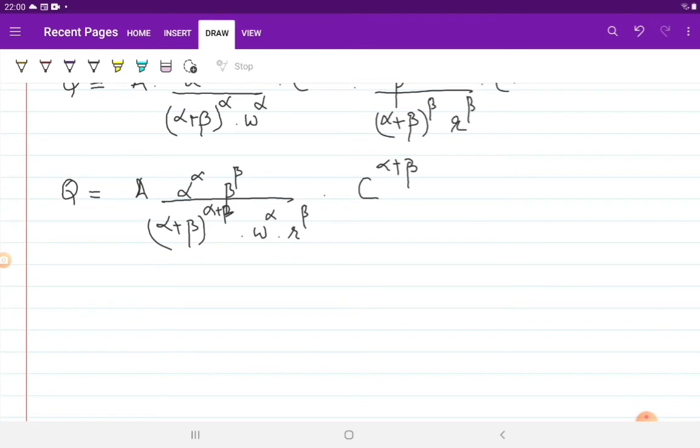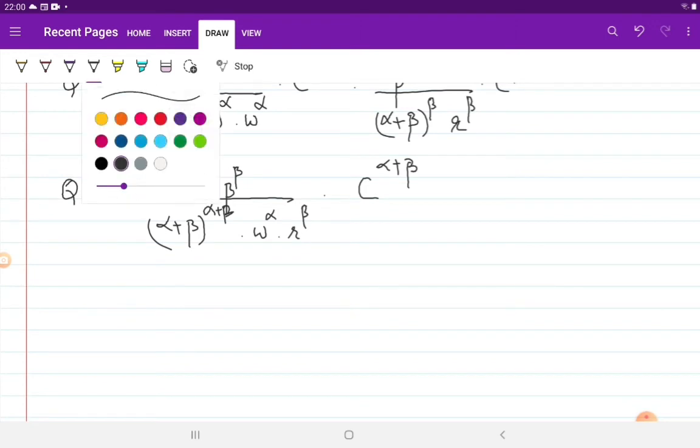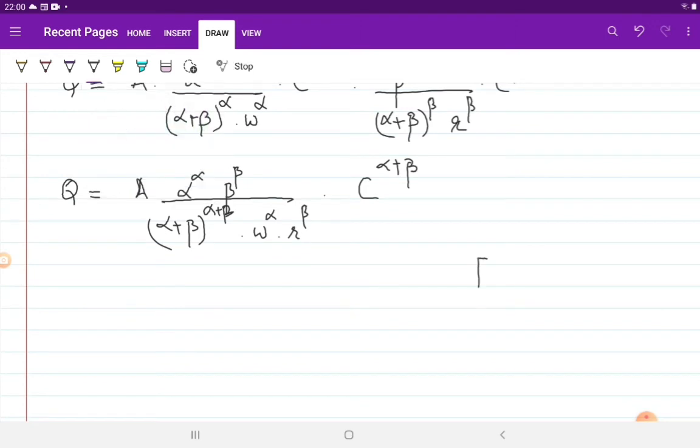So using the rule of exponent, that if you have a to the power m is equal to b, you can express a as the mth root of b.